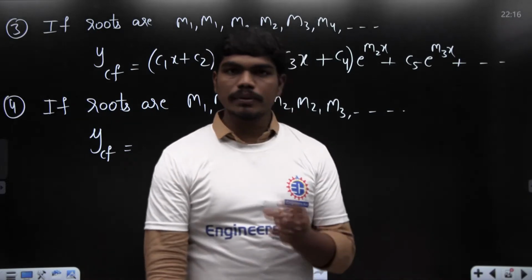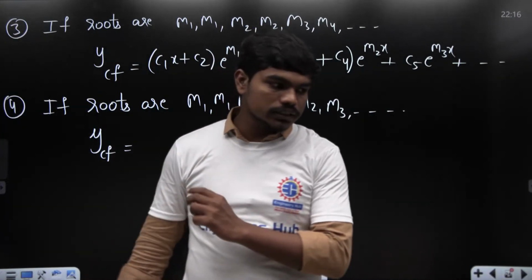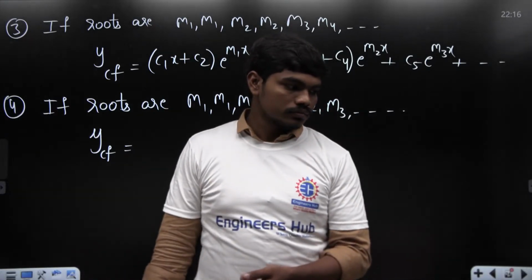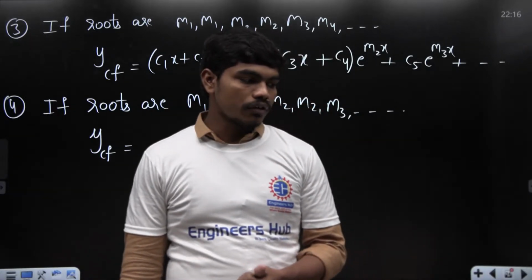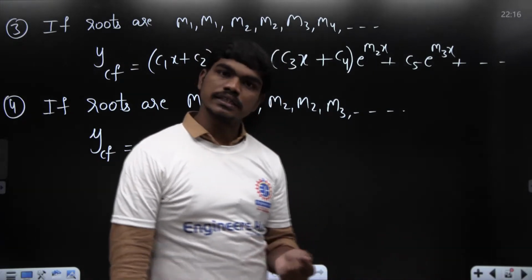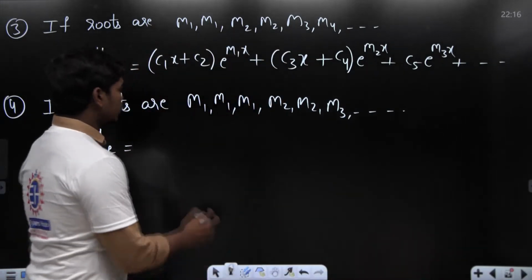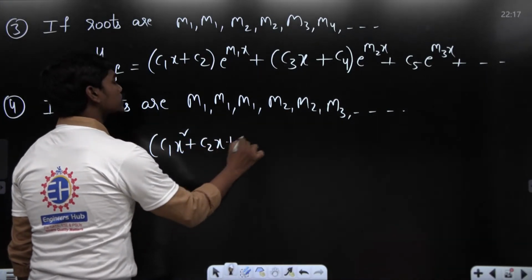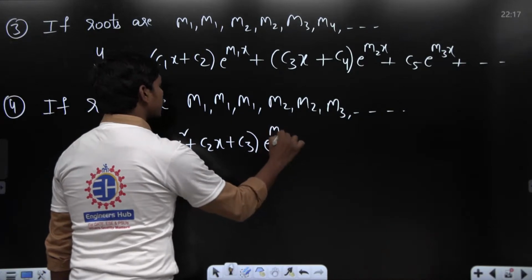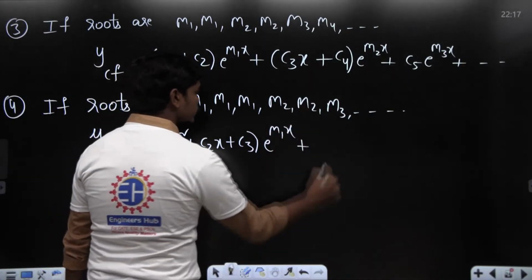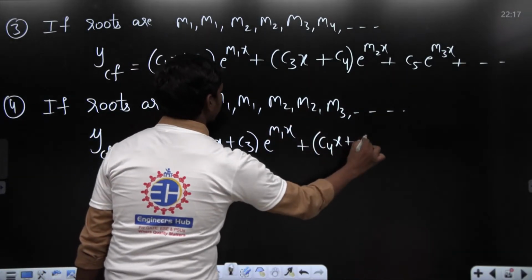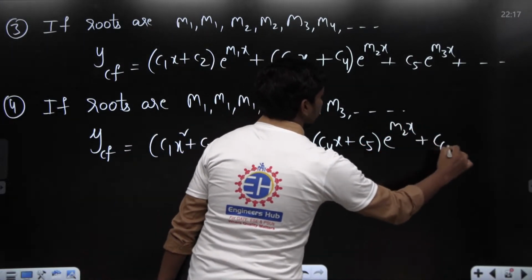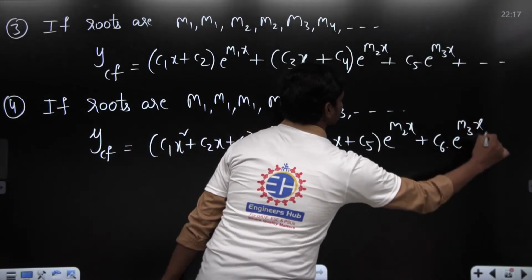The coefficient of this e power m1x is c1x square plus c2x plus c3, correct. So we'll write c1x square plus c2x plus c3 into e power m1x, and since m2 is repeated twice, we'll write c4x plus c5 e power m2x plus c6 into e power m3x and so on.